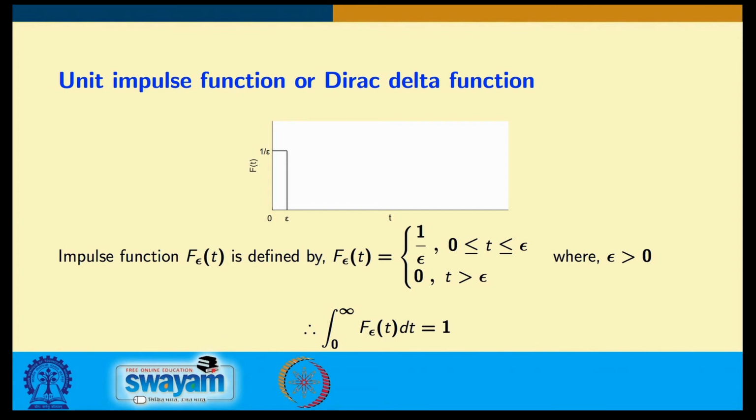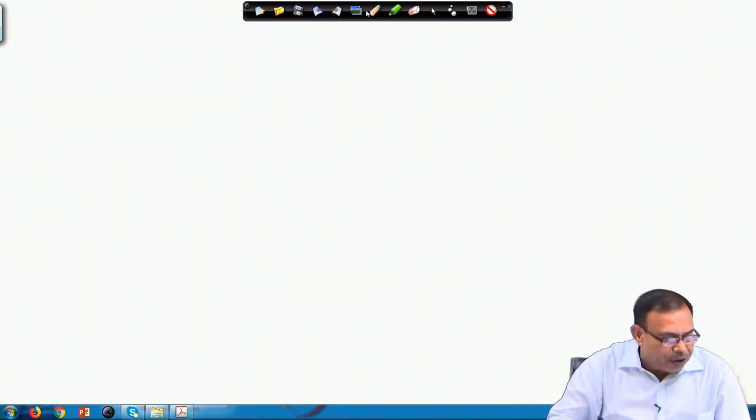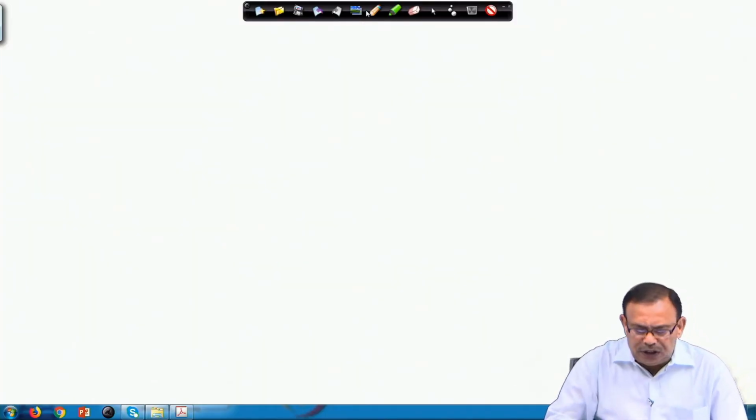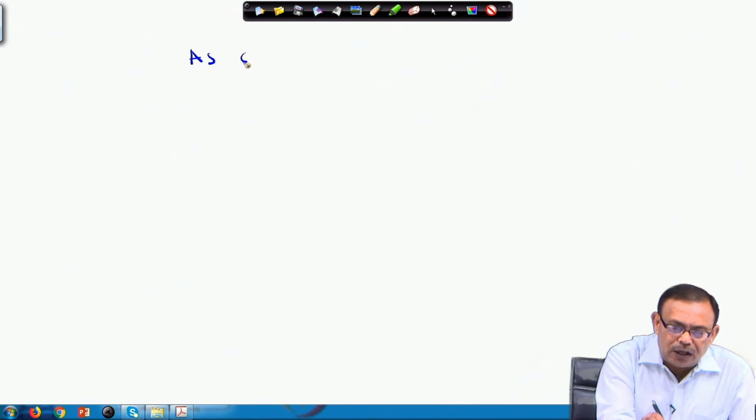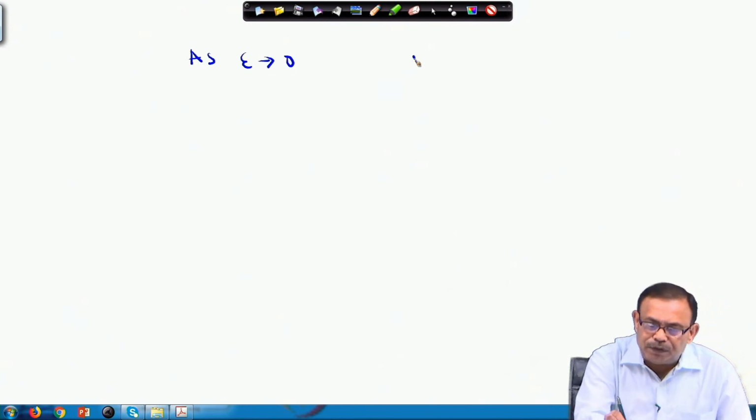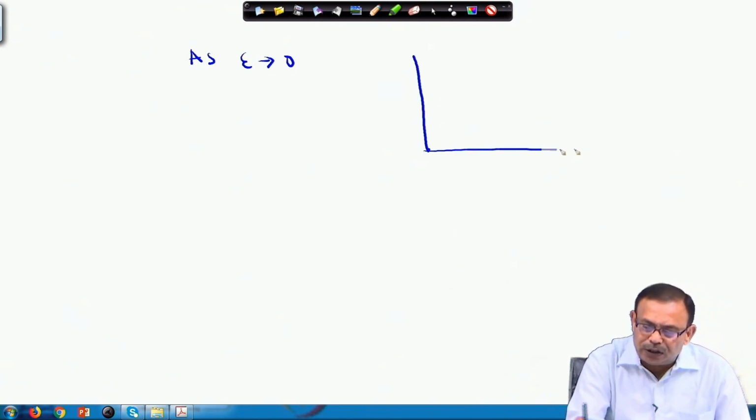You see this area from 0 to epsilon, t is varying in a very small range, that is, epsilon is a very small quantity, and the function is going up to 1 by epsilon. Now, what happens? Basically, we say that a very large force is acting for a very short period. Whenever epsilon approaches 0, if you see the figure, your figure is something like this.